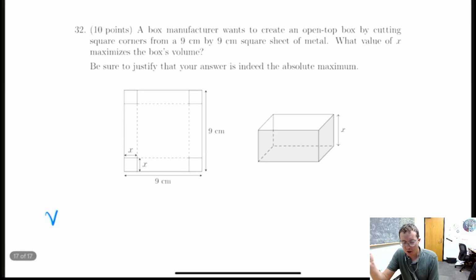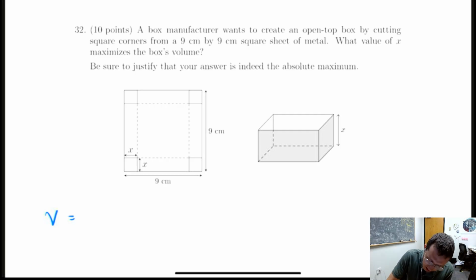The advice that I always give with related rates or optimization problems is to start out by drawing a picture. But we already have a picture. We have 2 pictures, in fact. So we can just move on to writing down an equation that models this situation. The volume of the box is going to be the length times the width times the height. So I just need to figure out what the length and the height are.